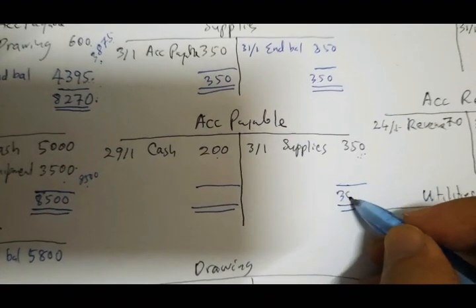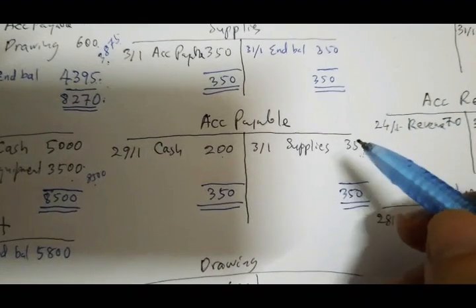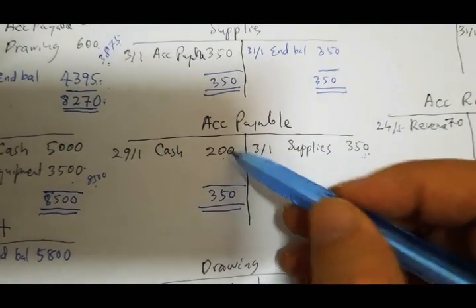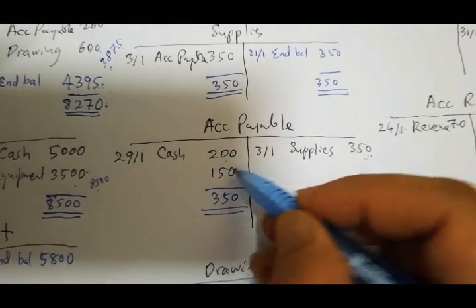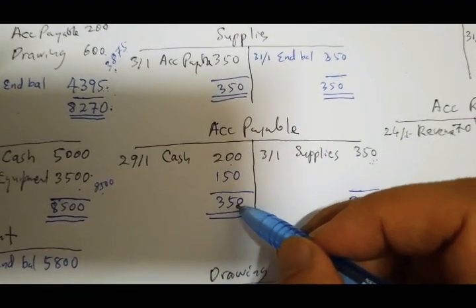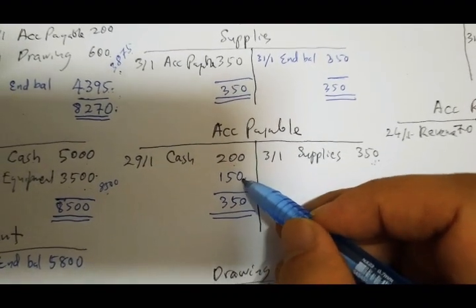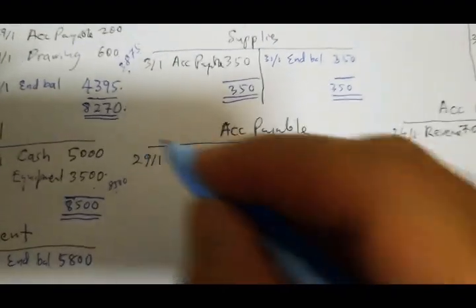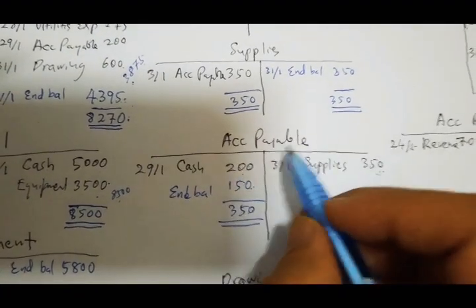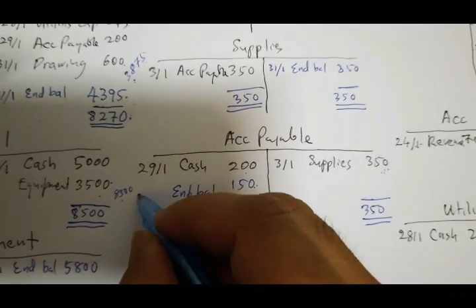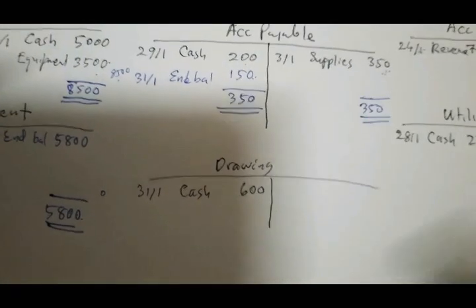You put 350 here and 350 here. What is the difference between 200 and 350? The difference is 150. The difference means this one minus this one, you will get this one. So the difference is 150. This 150 is the ending balance for the account payable at the 31st of January. Okay, so that's the way.